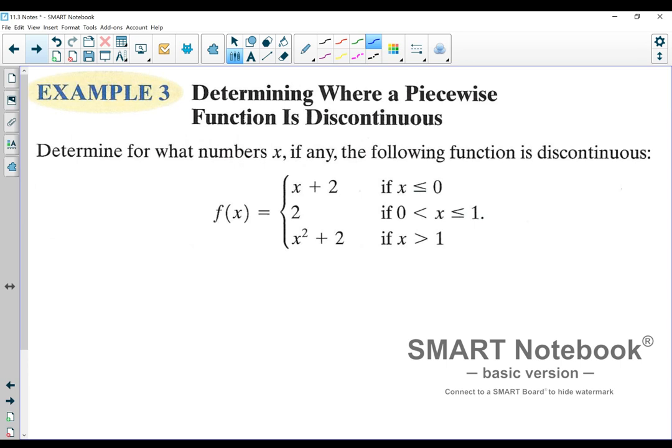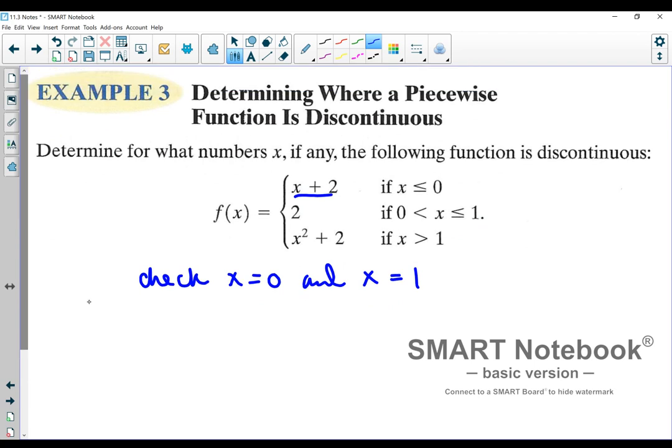So for example 3, we want to determine whether or where a piecewise function is discontinuous. We're always worried about those points like 0 or 1, where the function changes. Instead of using this one, now you're using this one. So we're going to check x equals 0 and x equals 1. Those are the interesting points where all the weird stuff happens.